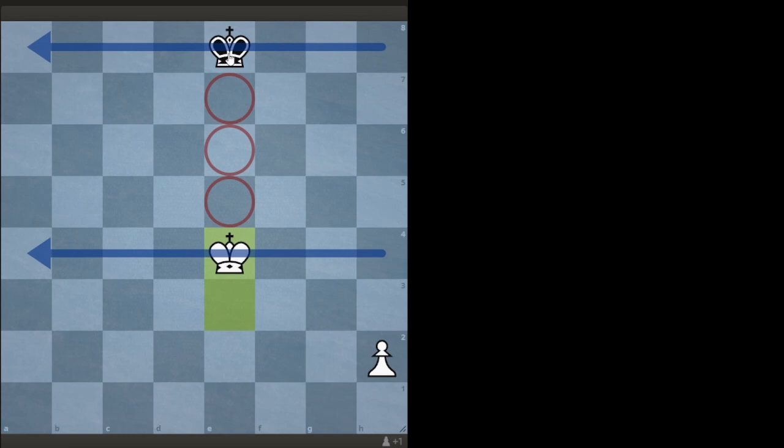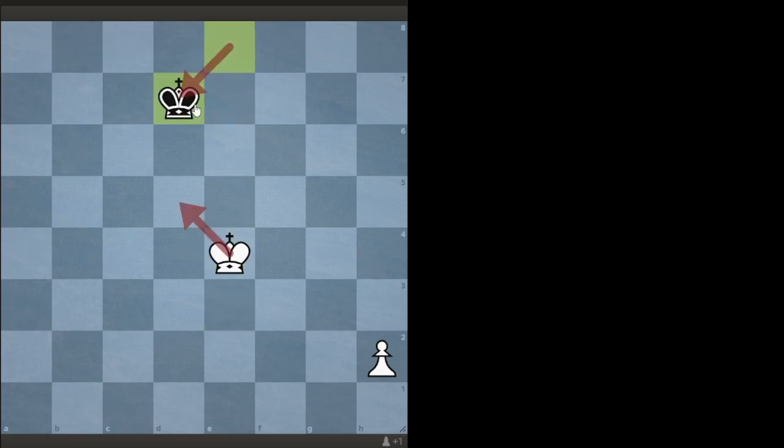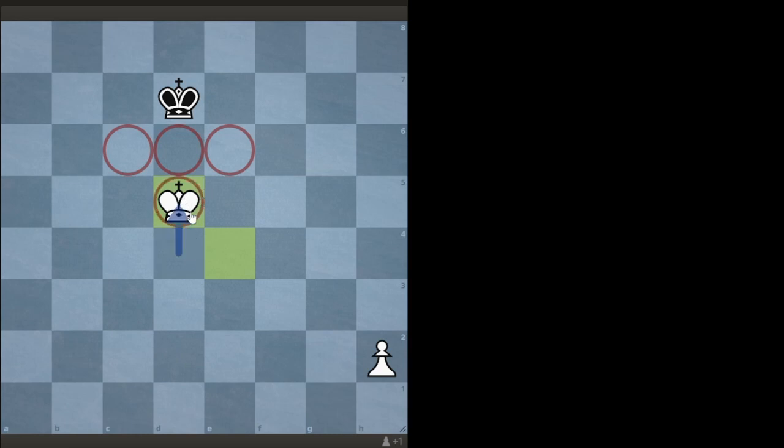Now after the king gets onto the square d7, as you can see, the white king gets onto the square d5, and again white has the opposition. Both kings are standing on the same color squares. Between the kings there is an odd number of squares, and at the same time, as you can see, white reached the opposition because they make the move as the last one, and no matter where the black king goes, white is going to have the opposition again next move.